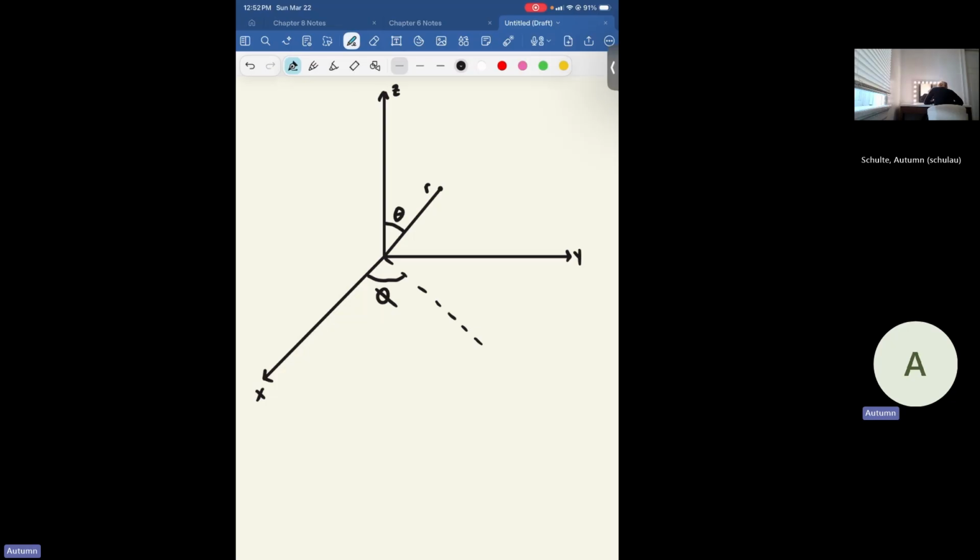And our radius is going to extend some thickness that we are going to say is dr. And this is going to project down here. And our phi term is going to subtend outwards like this.